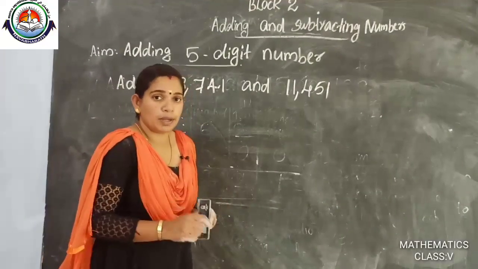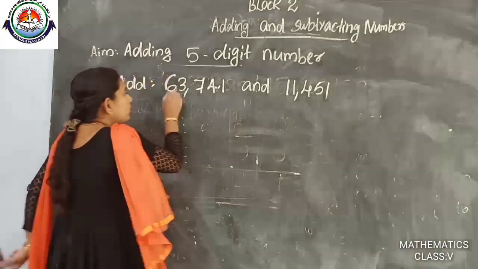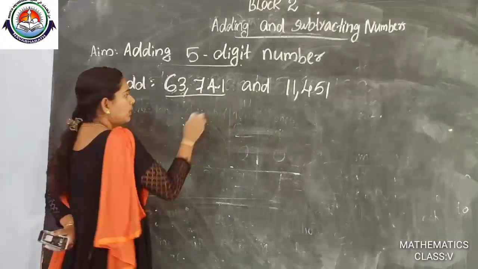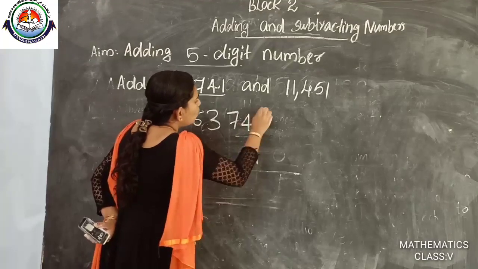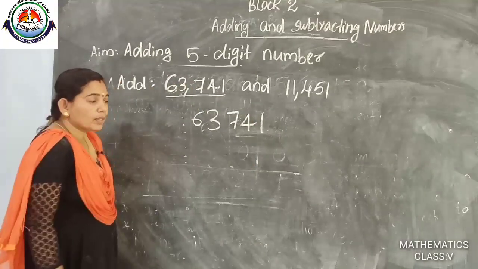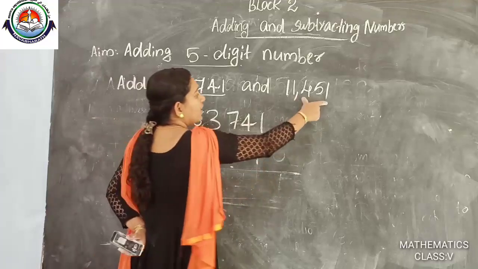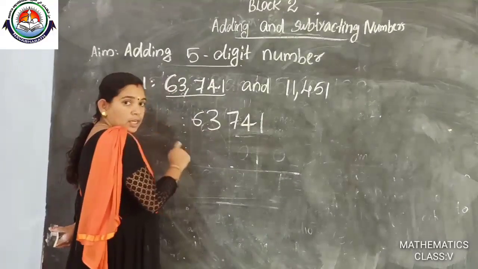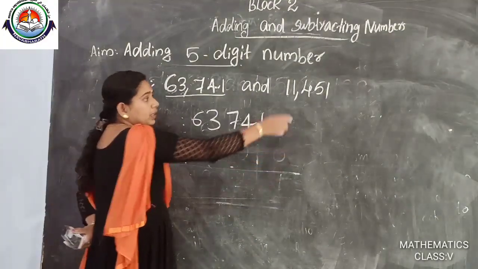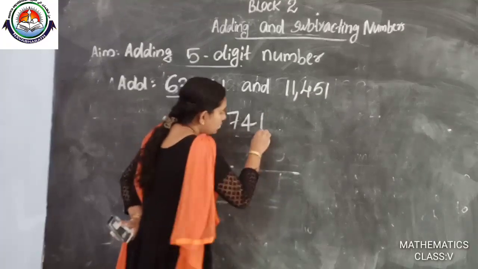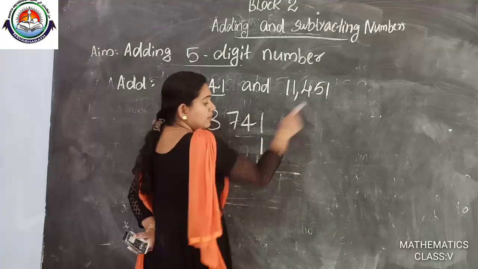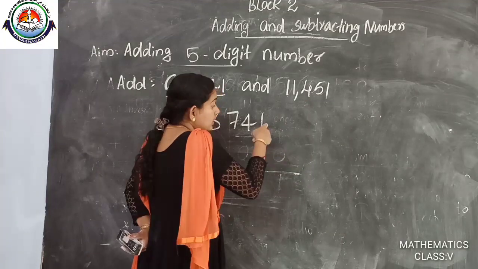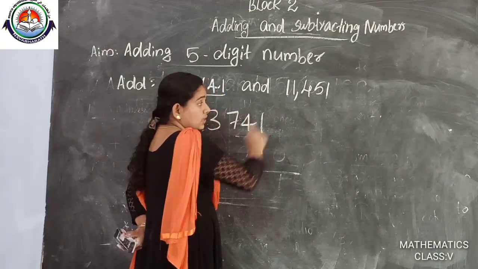How do we do the problem? Ready? We are writing this number in the same order: 6, 3, 7, 4, 1. Then the next number we are arranging from the right side onwards, not from here. Okay. Here 1, down on the right side first.